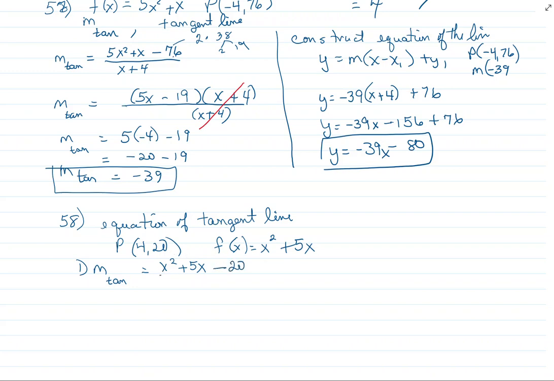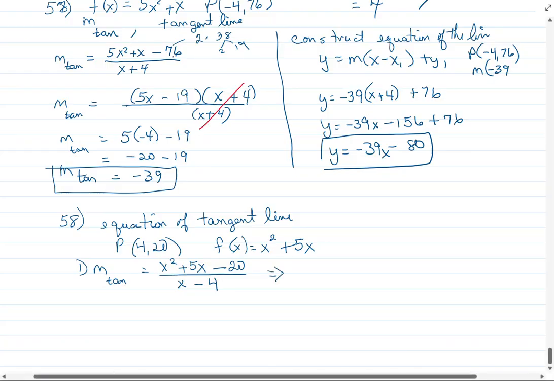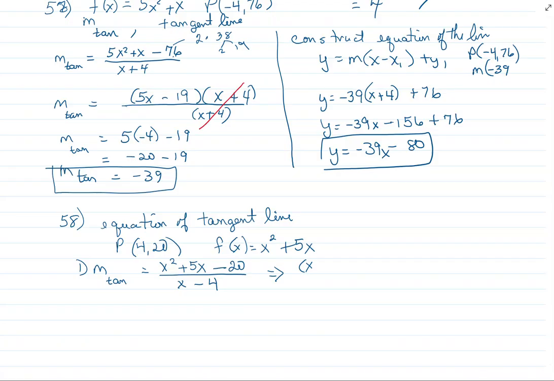And we know that putting in a 4 will give me a 0. So we have to factor. This is x, and this is 5 and 4, but that's not going to work. So 10 and 2? No. What is it? 4 and... No, 10 and 2.